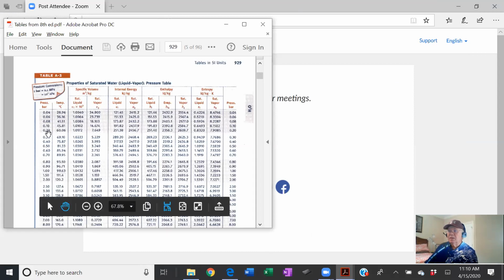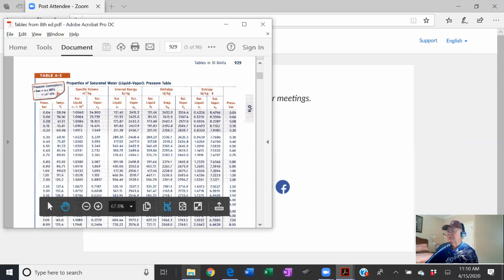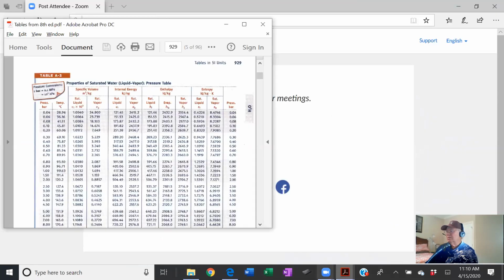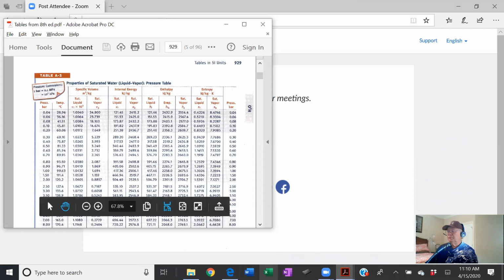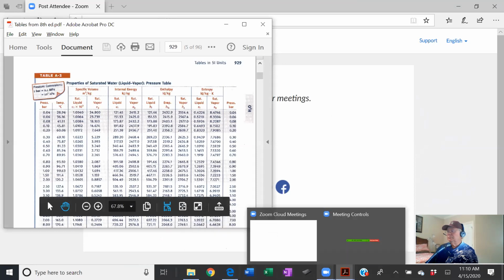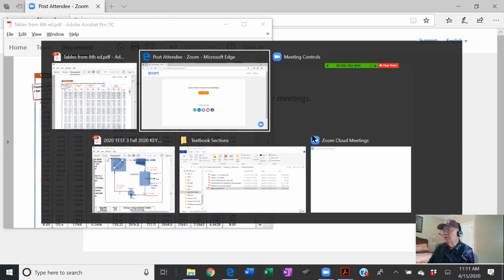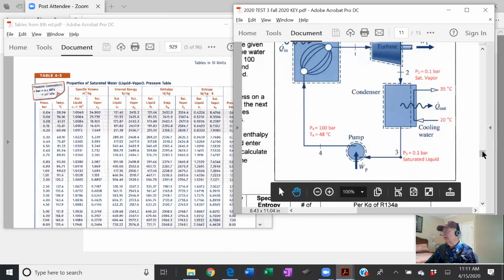But anyway, 0.1 bar should be 2584.7. I need to figure out how to get that other screen up there. Let's see if I'm going to have to pull them up one at a time now. Oh, there we go. Okay, it's back.